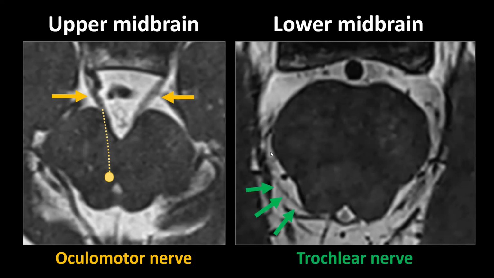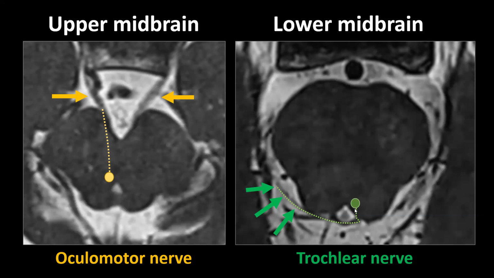This is the trochlear nerve, often difficult to see, so I was lucky to be able to visualize it in this patient over here. And the nucleus of the right trochlear nerve is located in the left side of the lower midbrain. So trochlear information crosses. It's one of the few cranial nerves, if not the only one, where information actually crosses to the other side.